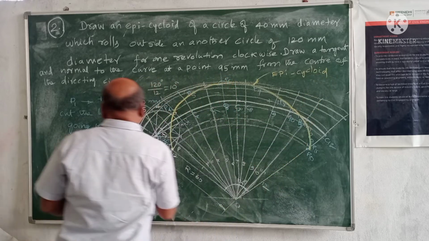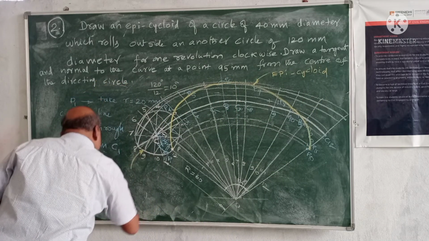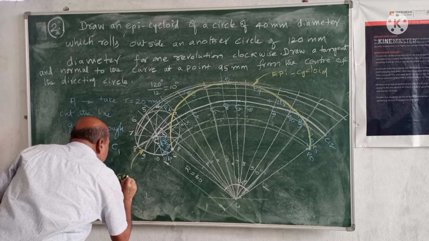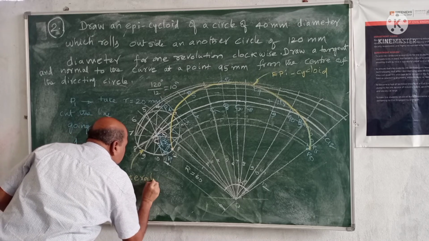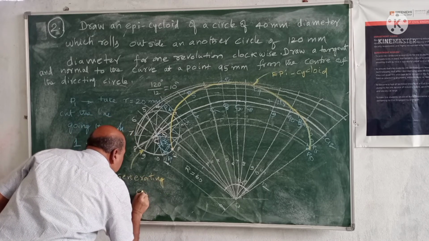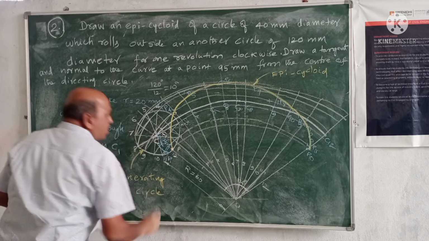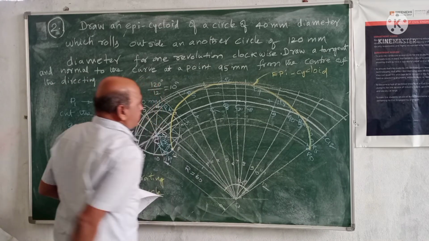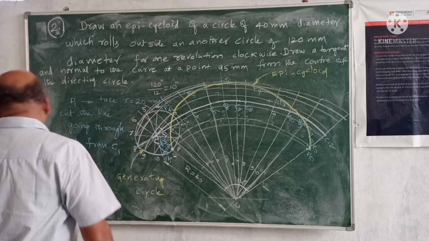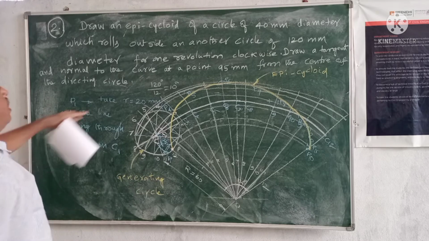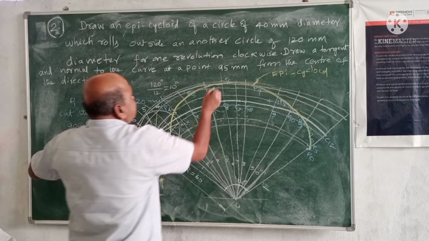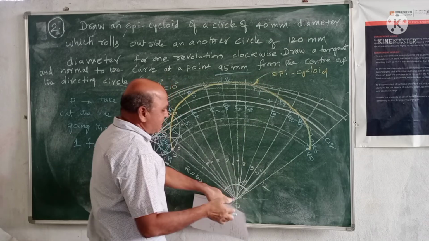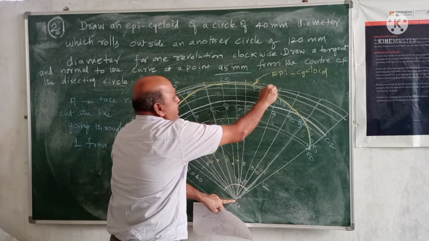Now this is the generating circle. And this is the directing circle, not required. Now we have to draw the tangent and normal at a distance of 95 mm from the center of the directing circle. You just take 95 from O, cut somewhere here.